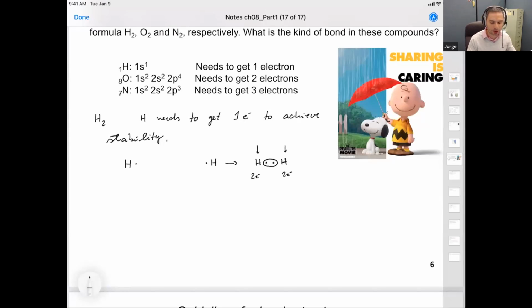This representation using dots is called Lewis notation. We can also represent a covalent bond by a solid trace. When there is only one trace, that's called single bond.